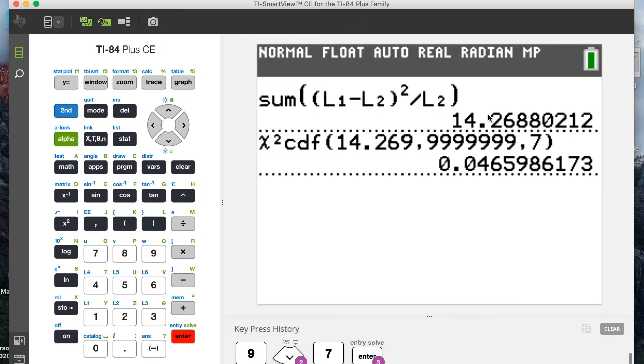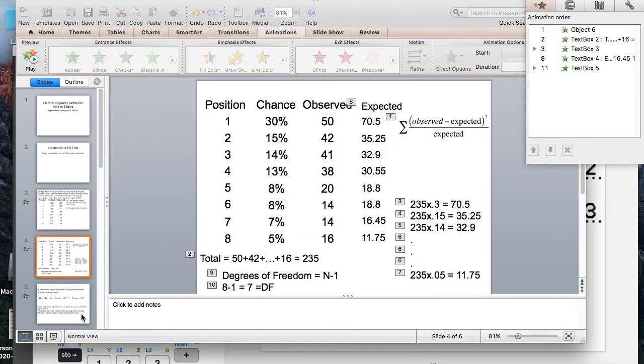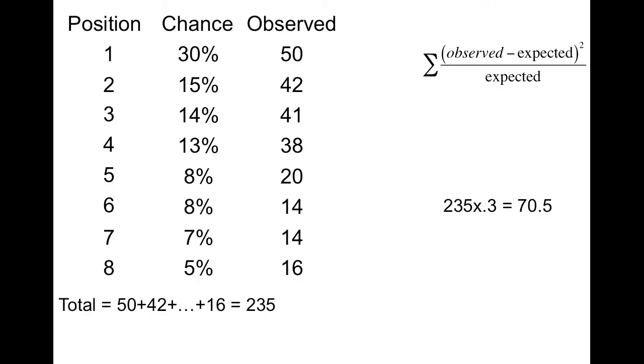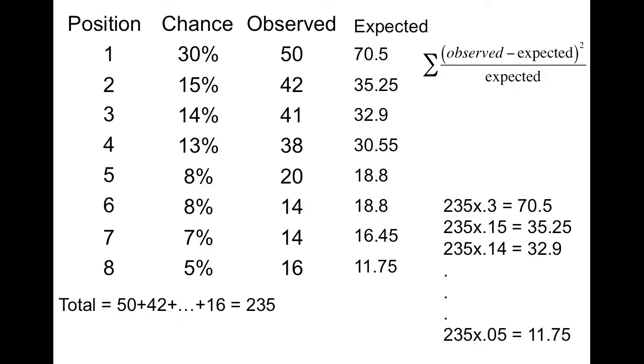We have our test statistic. We have our p-value. Now we can go back and write out our answer. So when you write out the answer, step one, always your null and alternate. So we have the winning horse's position fits the assumed distribution, and at least one is incorrect. We don't know which one it is.